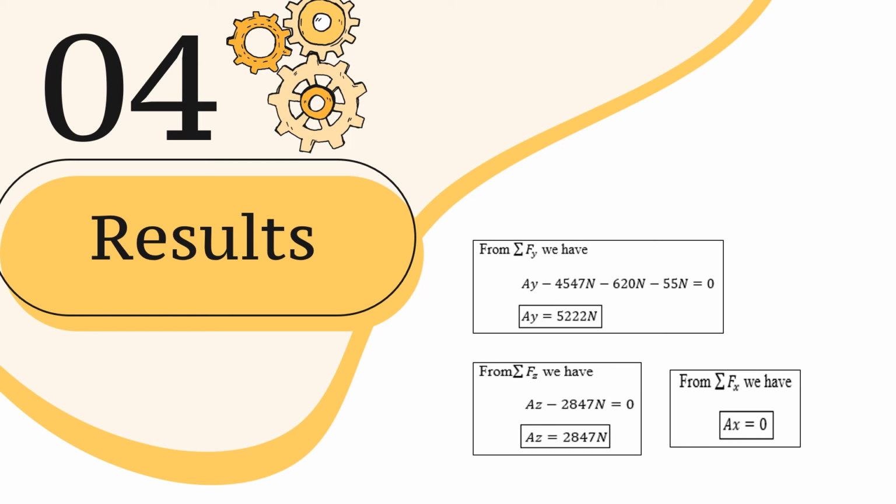From the sum of forces on the z-axis, we have that the force applied on the z-axis is equal to 2,847 newtons. And from the sum of forces acting on the x-axis, we have that the force applied on the x-axis is equal to 0.